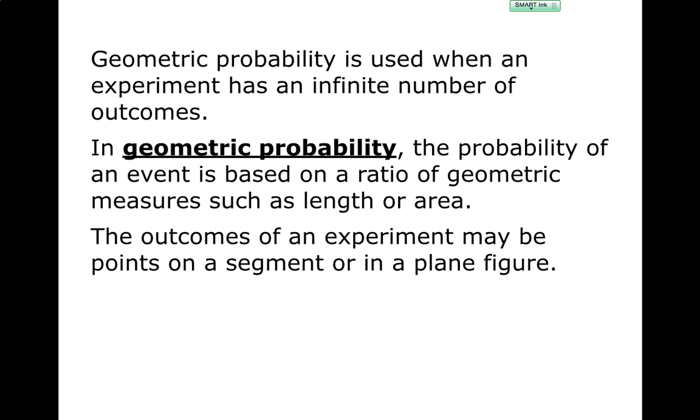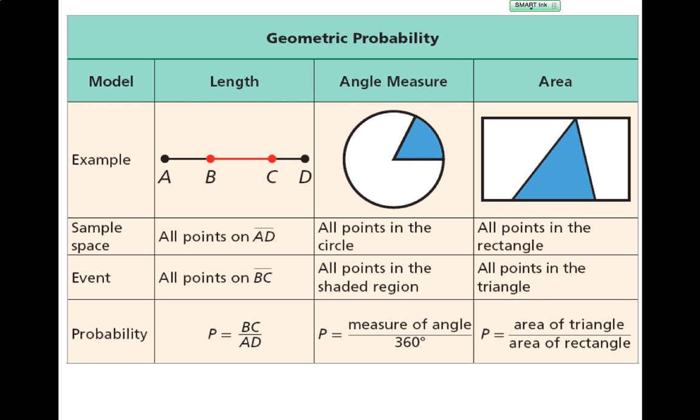The length model is basically a number line or part of a segment. The sample space, we would be looking at the whole segment that is in our picture, or we're going to use a story and interpret it into a number line idea.